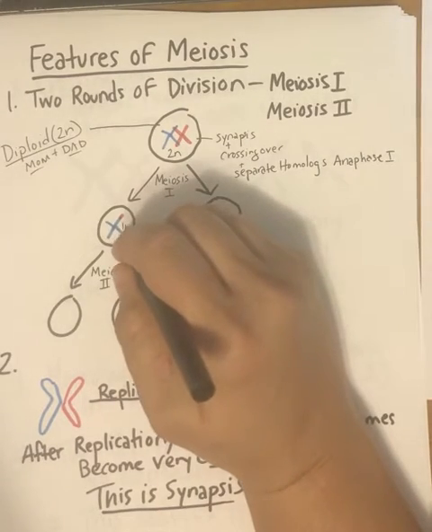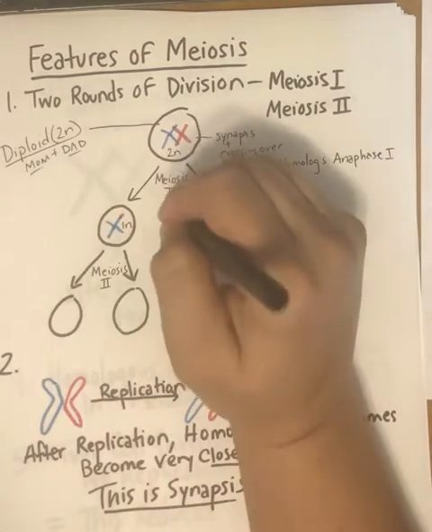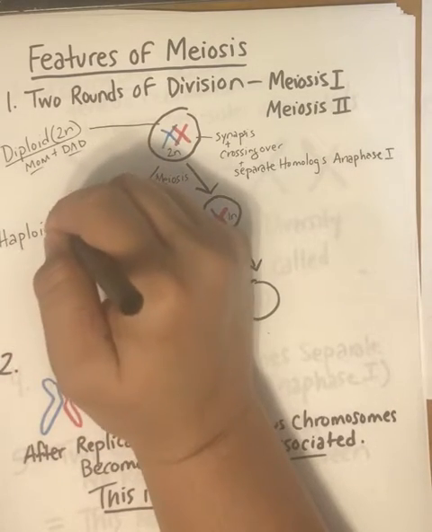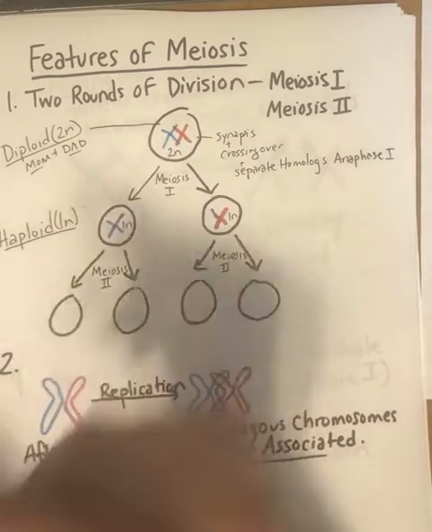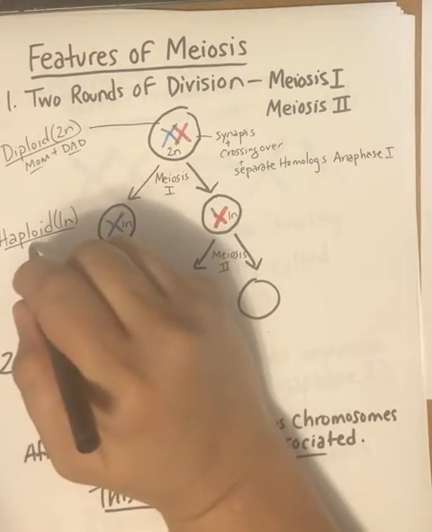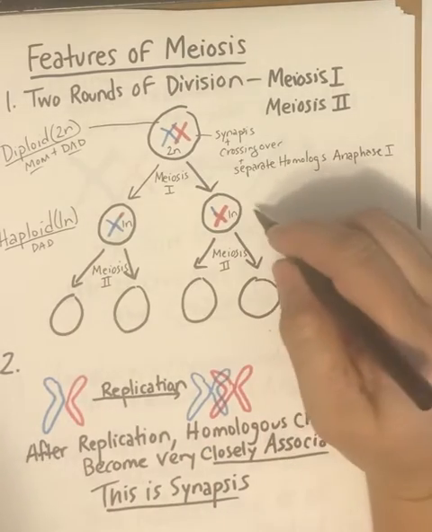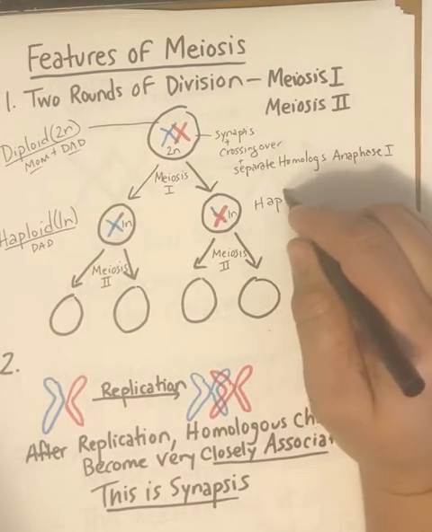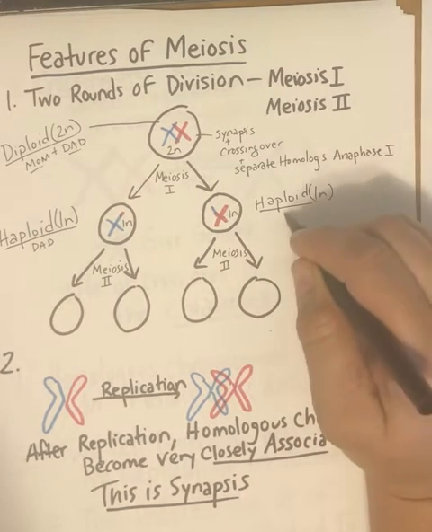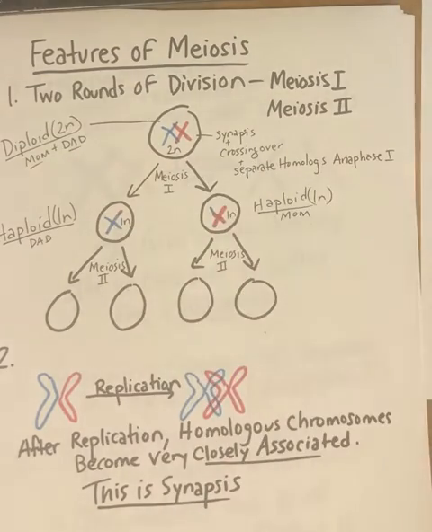So now this is 1N for your dad, and this is 1N for your mom. So in meiosis 1, you create haploid cells. Haploid means you have one set. So this cell over here, just say this one has dad's. So that has your dad's homologous chromosome that got separated. And this one over here is also haploid because it's your mother's information.